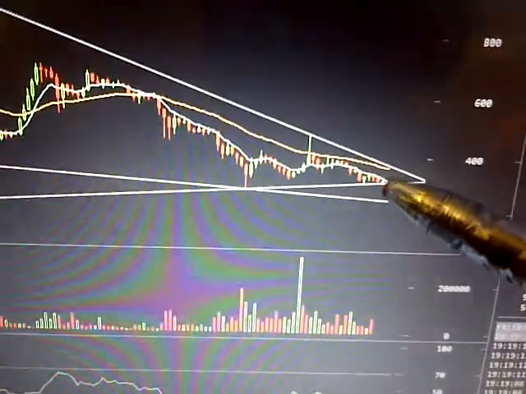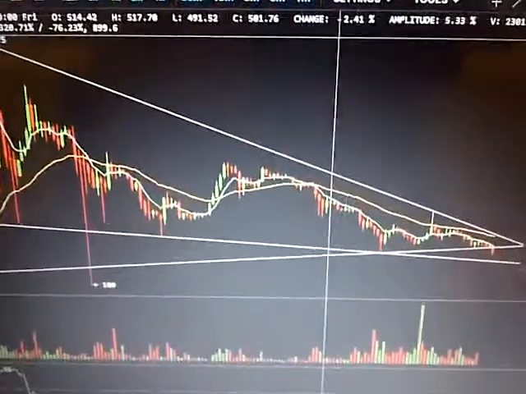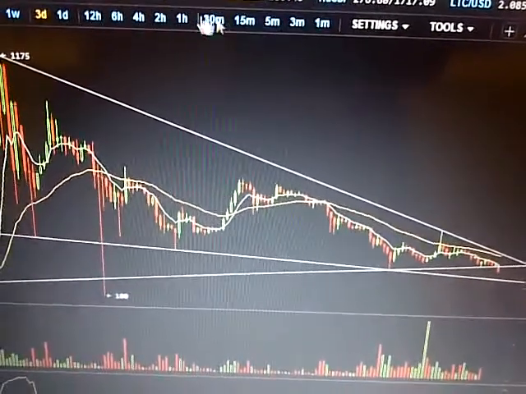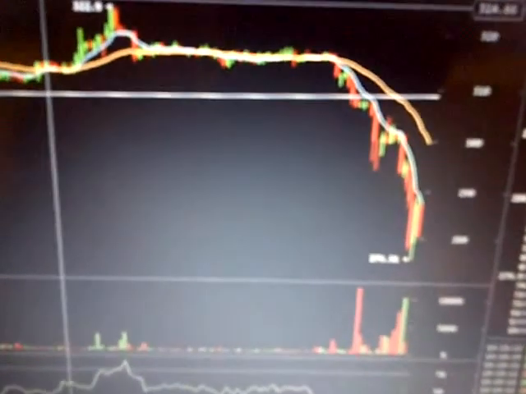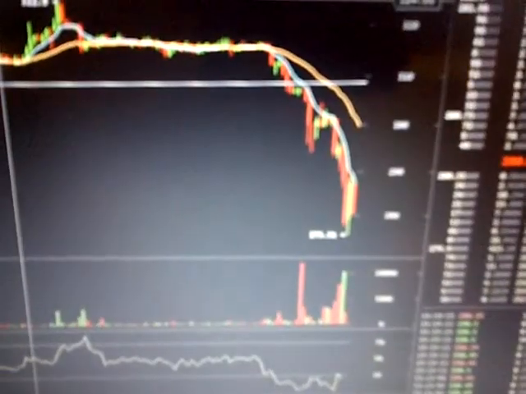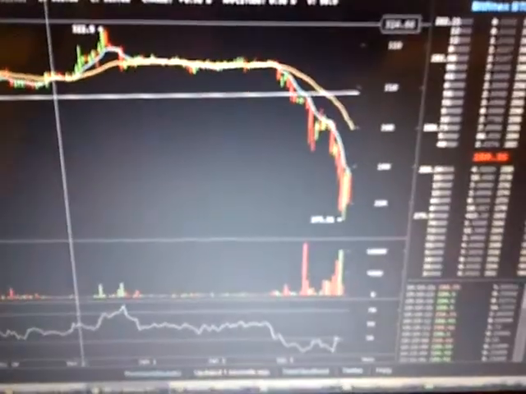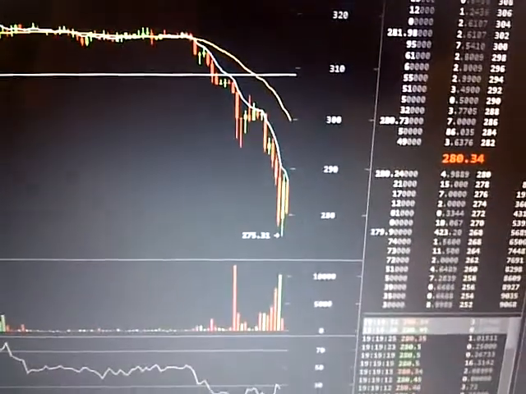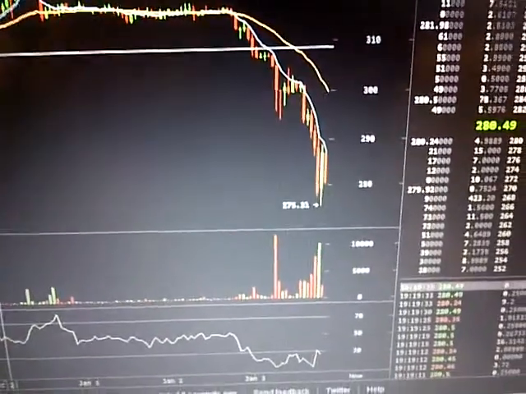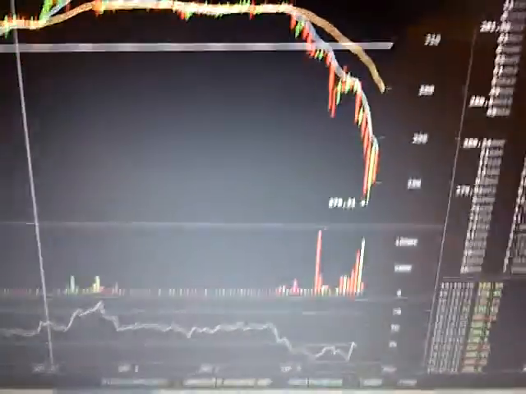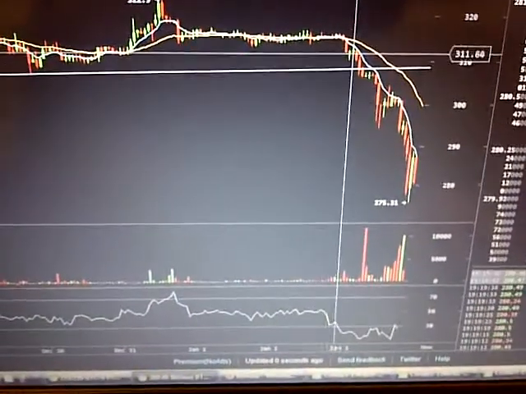It doesn't look too bad, but if you go onto an hourly, this is kind of what it looks like, and that's pretty drastic. Let me see here, 1, 2, 3, 4, a $40 sell-off from this supposed support line.